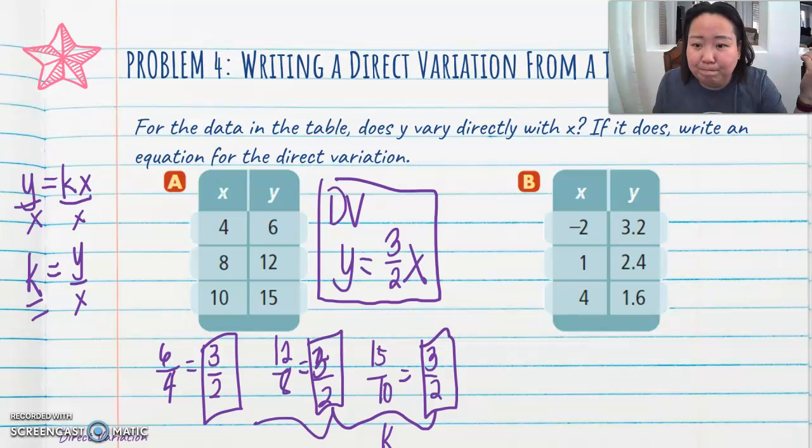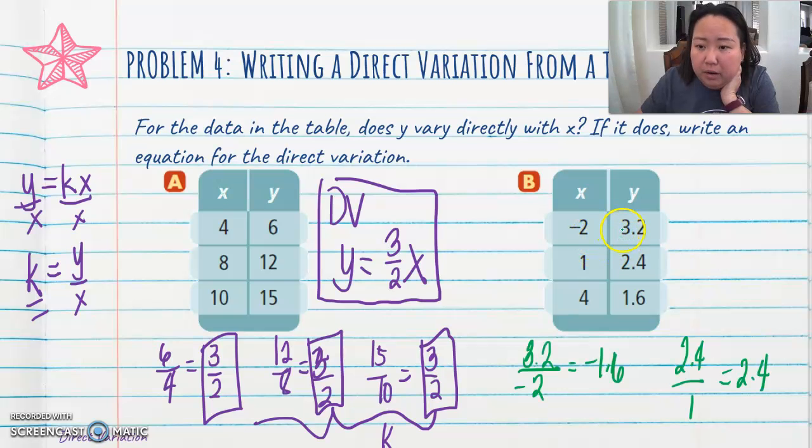Go ahead. So if you look at the first pair, you have 3 over 2 divided by negative 2, that's going to give you a negative 1.6. The second pair, 2.4 divided by 1, it's going to give you 2.4. Now, do you still need to continue with the third pair?